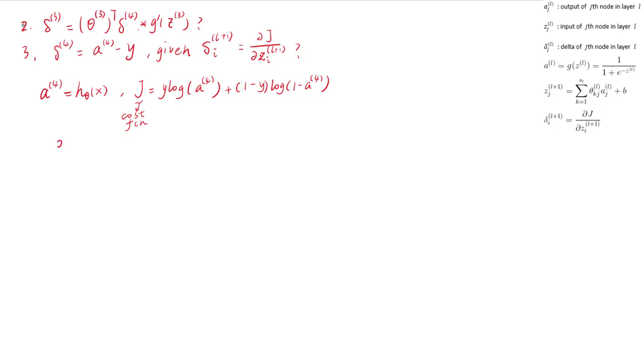Then we have partial J partial z4 equals partial J partial a4 multiplied by partial a4 partial z4 according to the chain rule. So this can then be written as y divided by a4 plus 1 minus y times negative 1 divided by 1 minus a4 times the derivative of z.